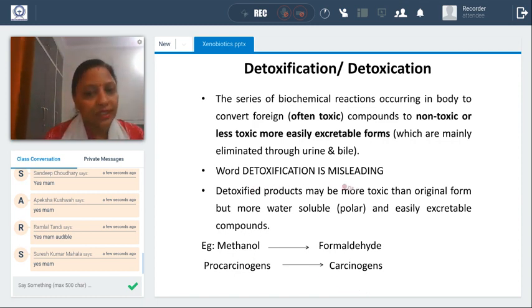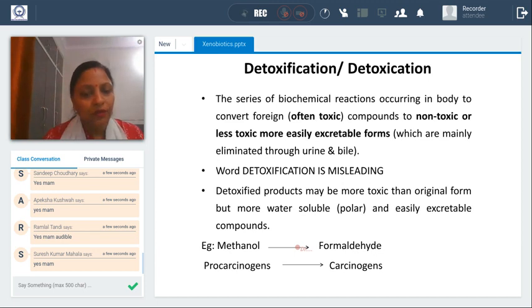This word detoxification is sometimes misleading. Why is it so? Because detoxified products may be more toxic than the original form, but are more stable, more soluble, polar, and easily excretable compounds. These can be more toxic but more water soluble and easily excreted.